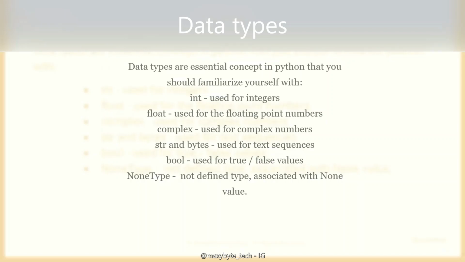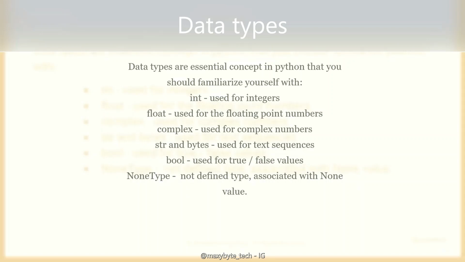And we have float, and this is used for floating point numbers. So we are still talking about numbers, but this is not an integer anymore. This is a float, and this is a number with some decimal, right? So let's say 0.01 and so on, right? Or whatever it is that has the decimal in between. So we use float for that.